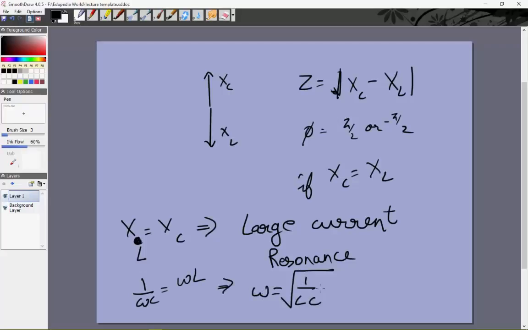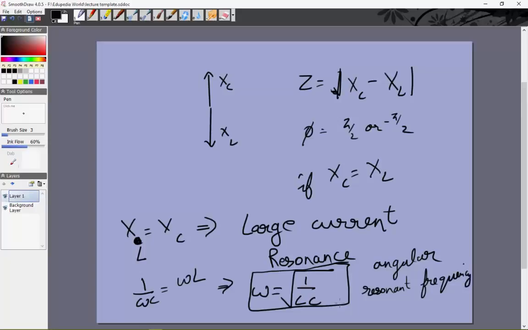So if you have an LC circuit and you can change the angular frequency of the voltage, then if the angular frequency of the voltage is changed to be equal to this, that is when we have resonance, and so this is called the angular resonant frequency. And since nu is omega by 2 pi, that is 1 by 2 pi times root of 1 by LC, this is called the actual resonant frequency.